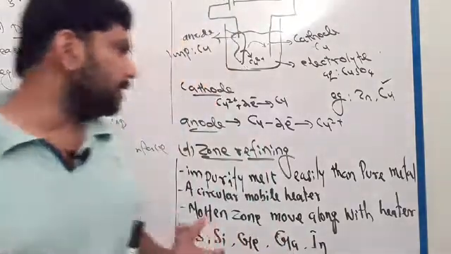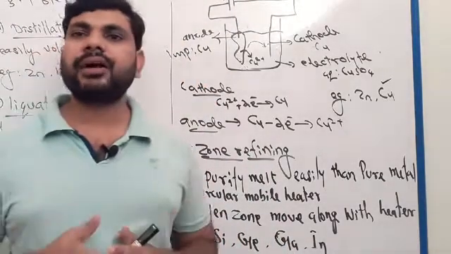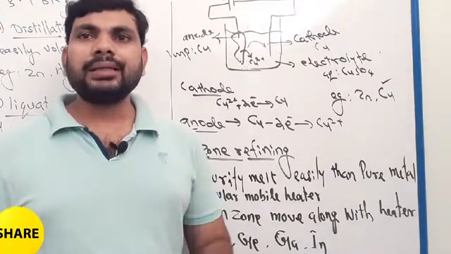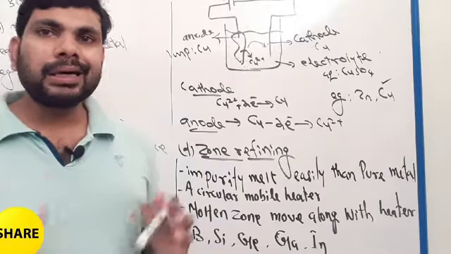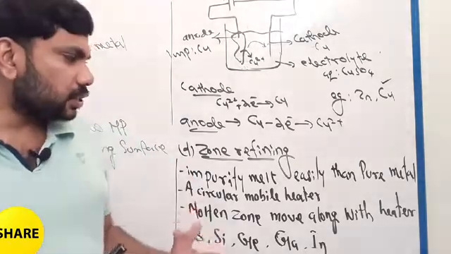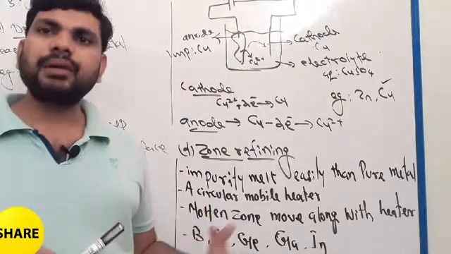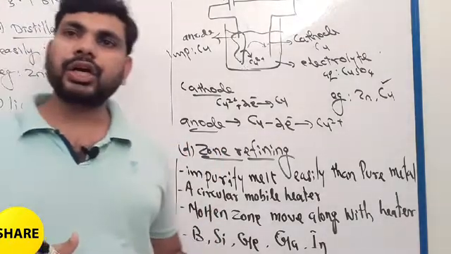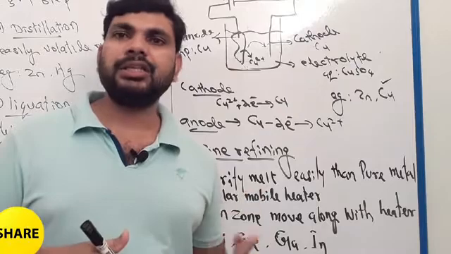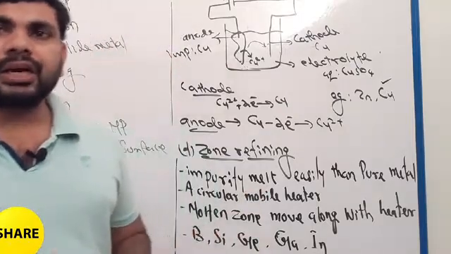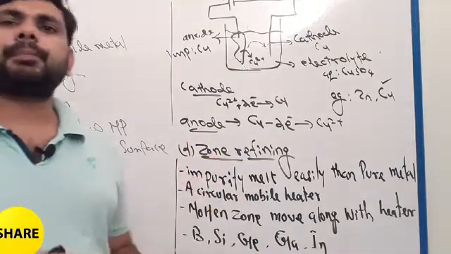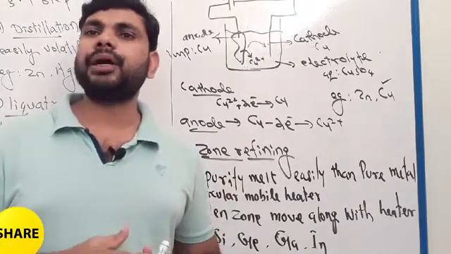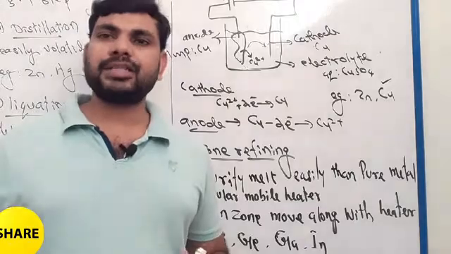So here we discuss zone refining. It helps to purify metalloids. This method helps to make semiconductor elements. Examples of elements purified by this method: boron, silicon, germanium, gallium, indium. The basic principle is that impurities will melt because they have a low melting point, while metals have a high melting point.